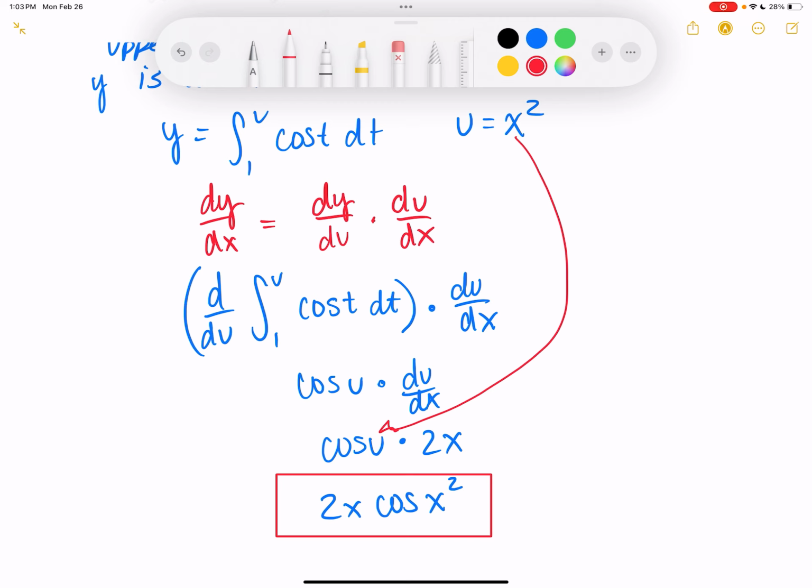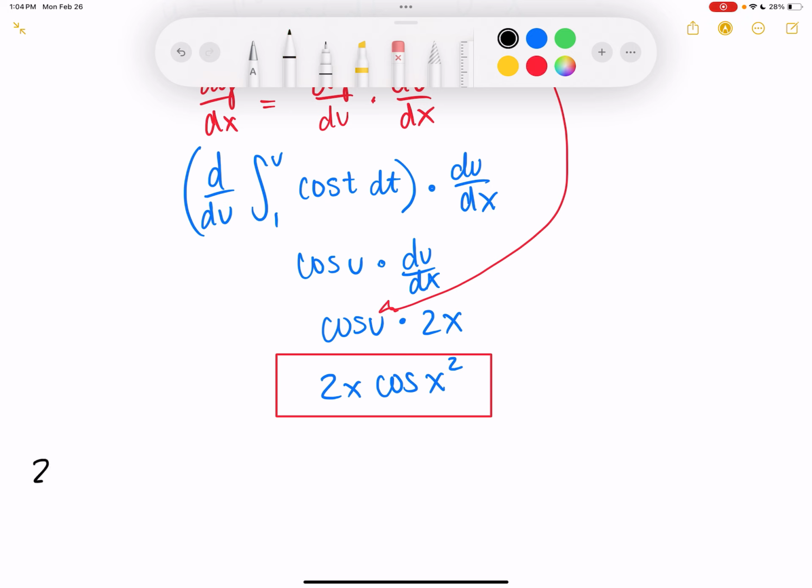All right, I'm gonna jump to some from the actual homework now. Start with 2. We have y equals the integral from 2 to x of 3t plus the cosine of t squared dt.